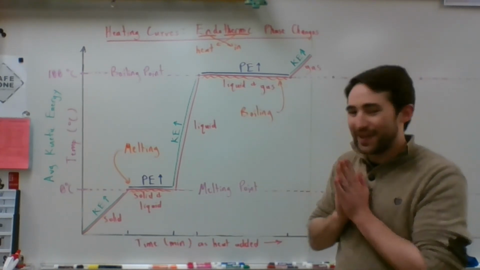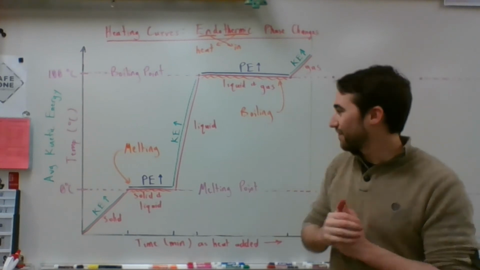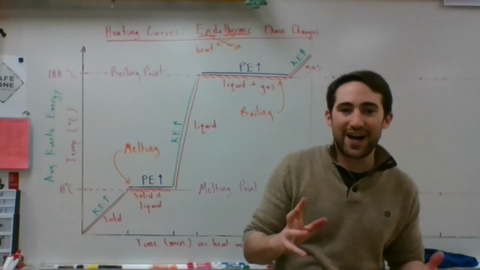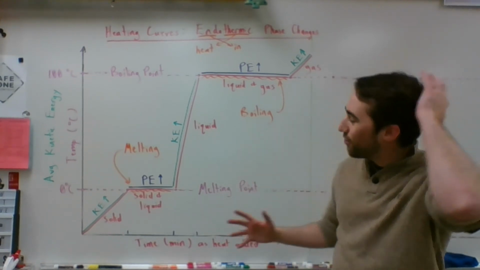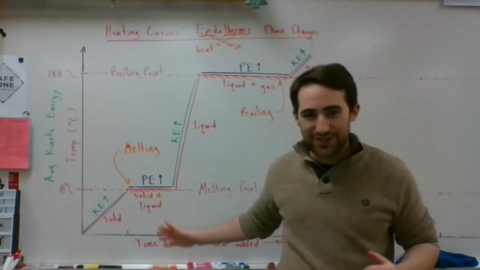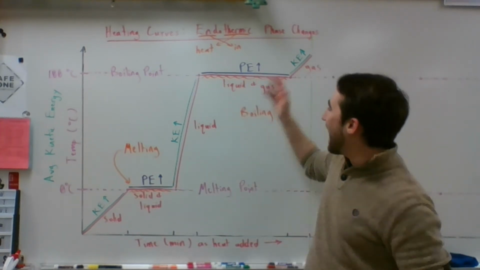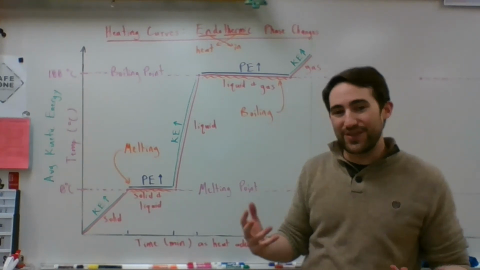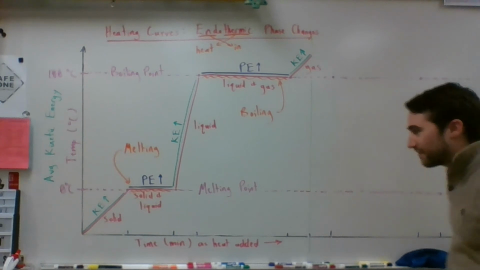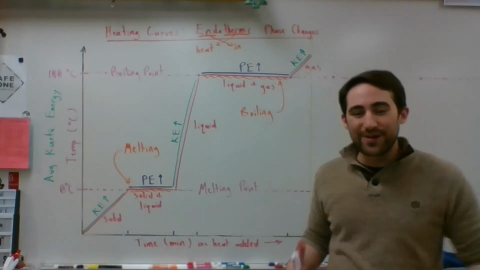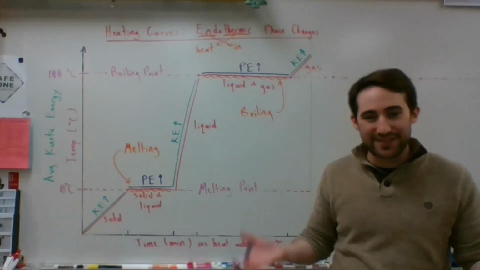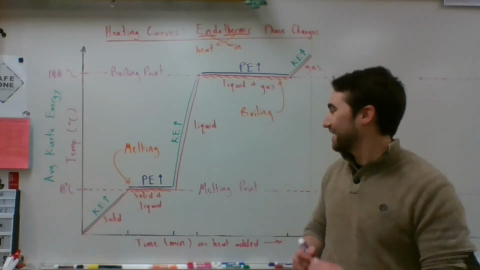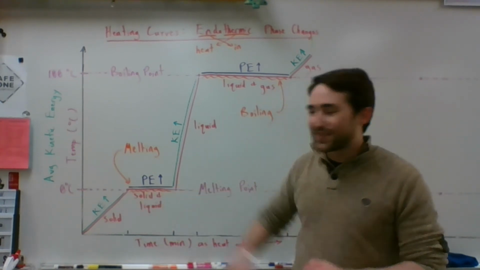I think there's one more thing we can add to this, and that's another fancy word. It's used to describe when we have a couple phases of matter hanging out together at the same time. When you have phases of matter coexisting, like the solid and the liquid during the melting process, or the liquid and the gas during the boiling process, we say that they are in equilibrium with each other. You've probably heard the word equilibrium somewhere, and it usually has something to do with a balance, or a sense of stability. So in this case, we have a balance between the solid and the liquid.